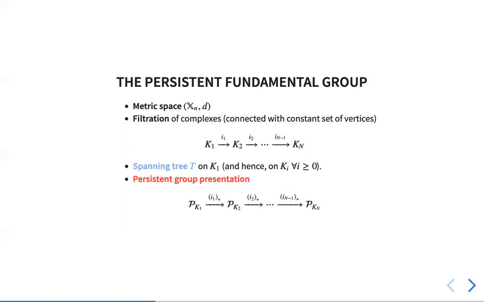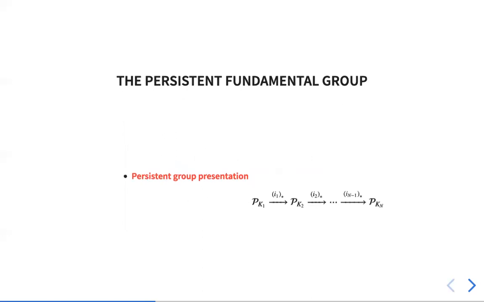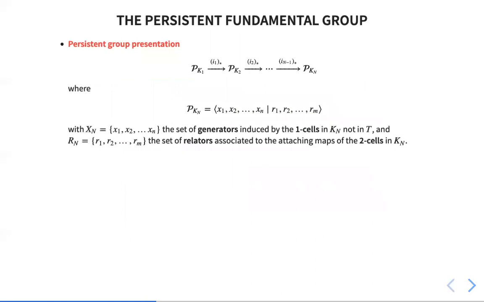Of course, it's not necessary to repeat the computation for every level of the filtration. If you compute the presentation for the biggest complex, then the one-cells that do not belong to the tree are the generators, and you have the relators associated to the two-cells. At every level of the filtration you have fewer cells, a subset of one-cells and two-cells.